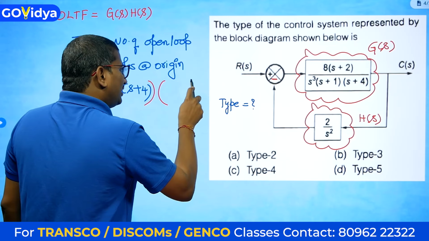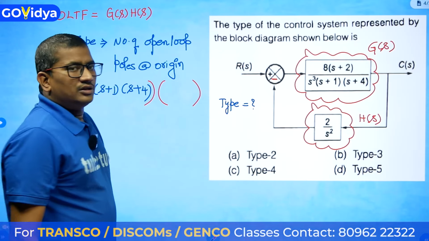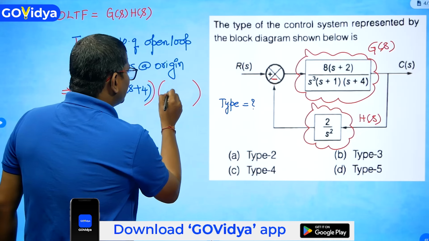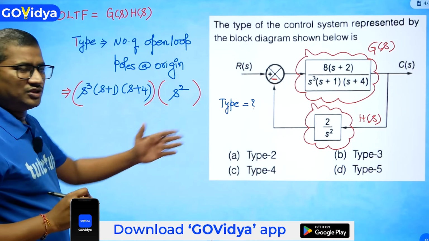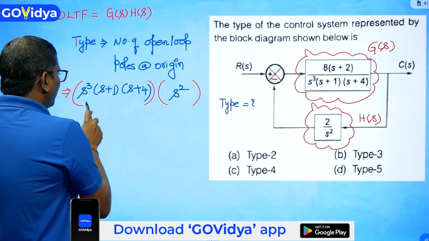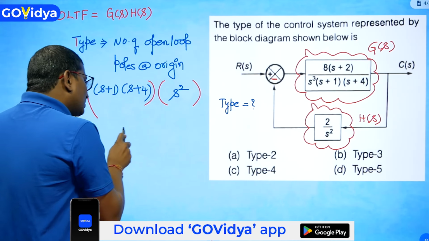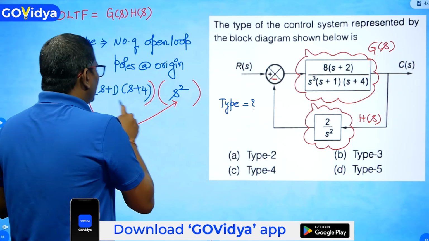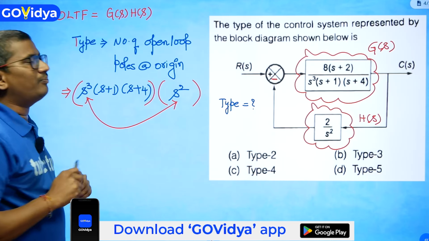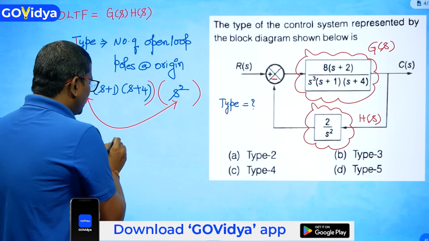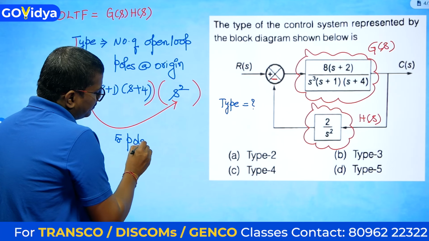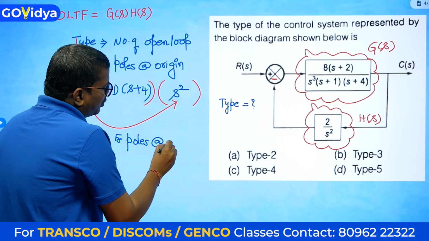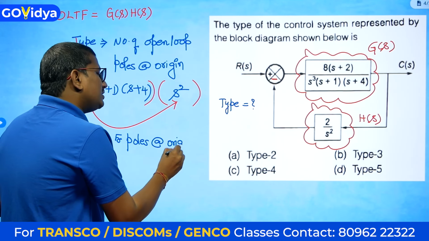And the denominator of the feedback element is S square. Now just multiply these. Therefore these are 3 poles at origin and these are 2 poles at origin. Totally, we have 5 poles at origin.